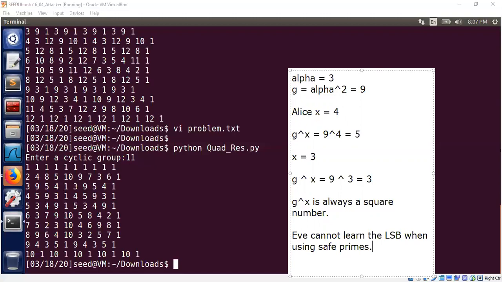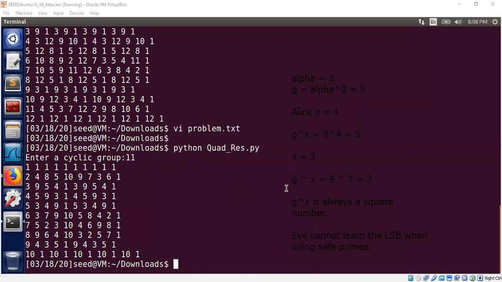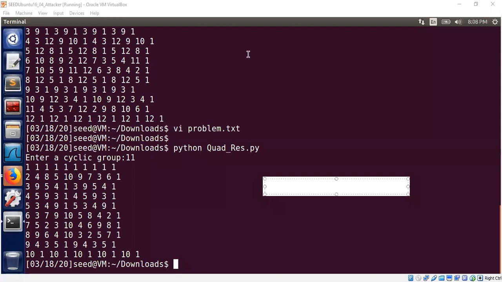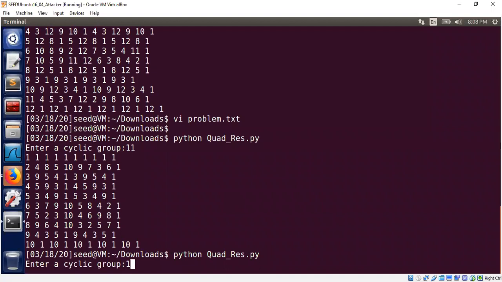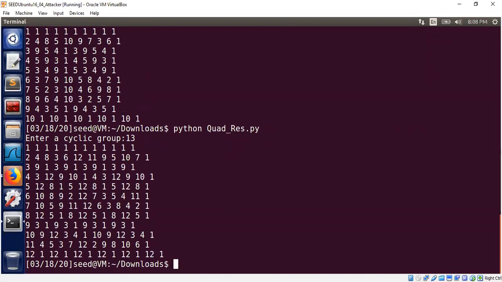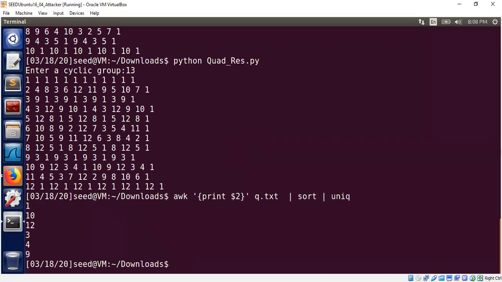Okay, that's basically it. And one more thing, finally, before I wrap up, is that if we now go back quickly to the regular prime case, right? Let me run this 13 case. The square numbers, as I mentioned earlier, what are the square numbers? The square numbers are 1, 10, 12, 3, 4, 9, right?